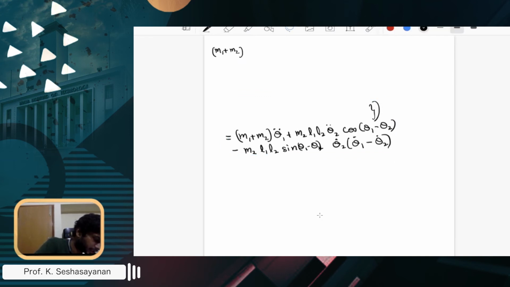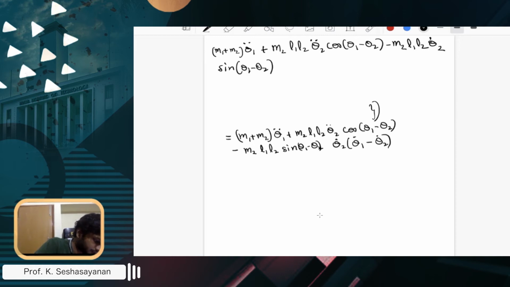So it's m1 plus m2 times theta 1 double dot, and one gets plus m2 L1 L2 theta 2 double dot cos of theta 1 minus theta 2, minus m2 L1 L2 theta 2 dot times sine of theta 1 minus theta 2 times theta 1 dot minus theta 2 dot.